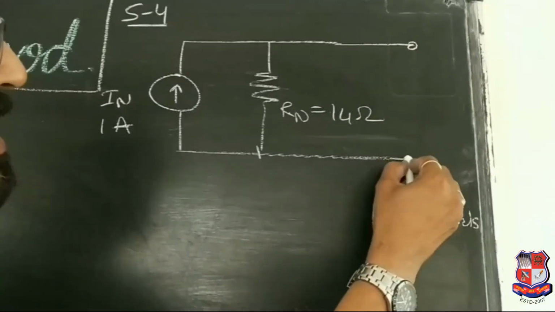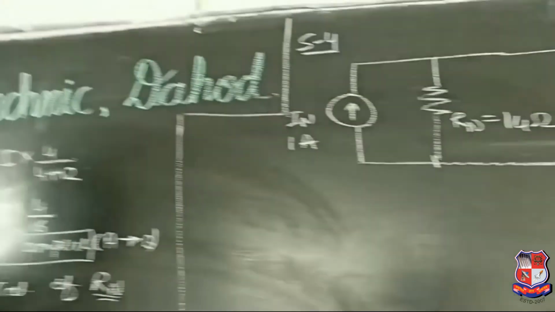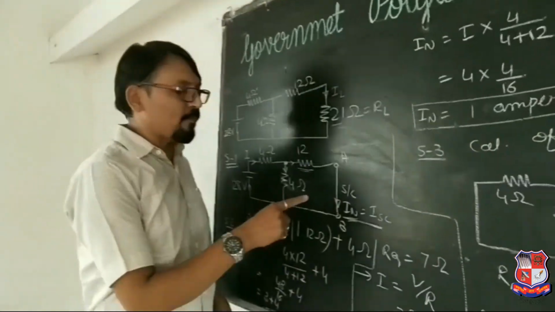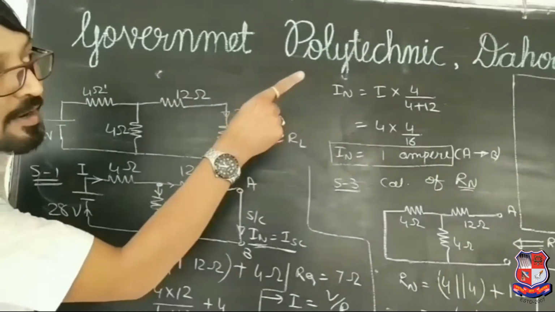Now in this equivalent network, the load resistance disconnected in step 1, that is 21 ohm, will be connected over there.